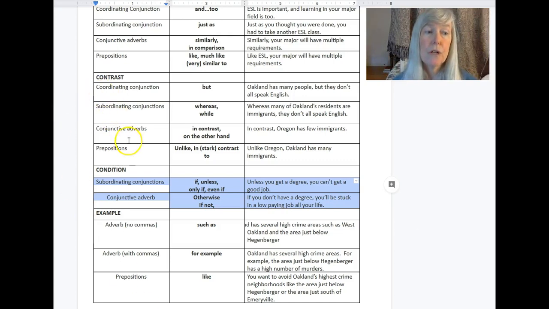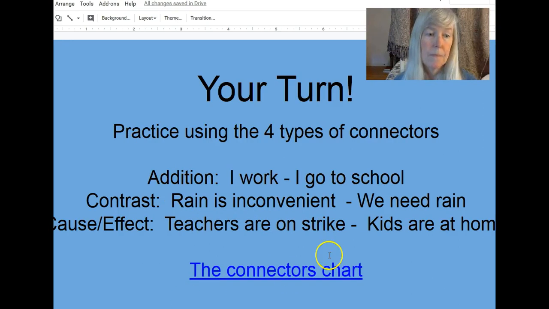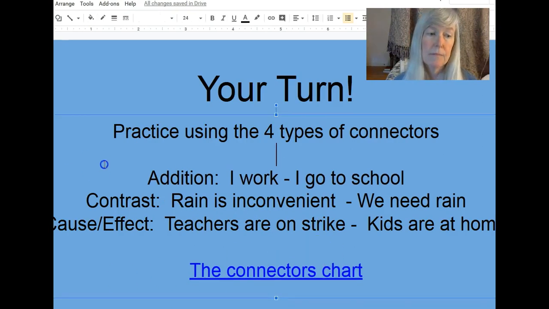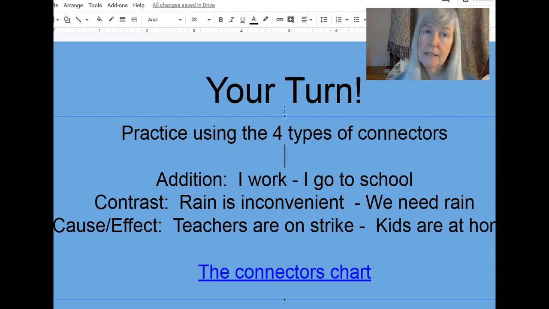So see if you can use this chart to practice the different ways of expressing addition, contrast, and cause and effect. The answers to these options will be posted on the Canvas website.